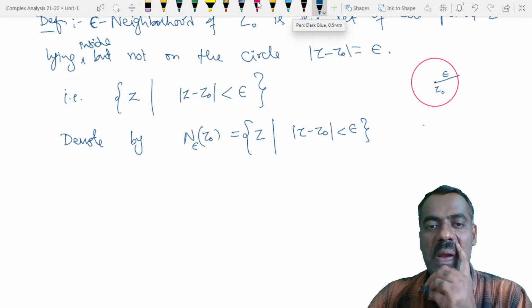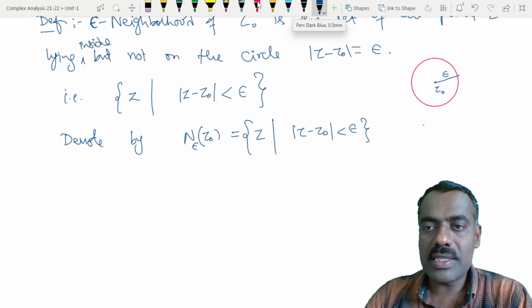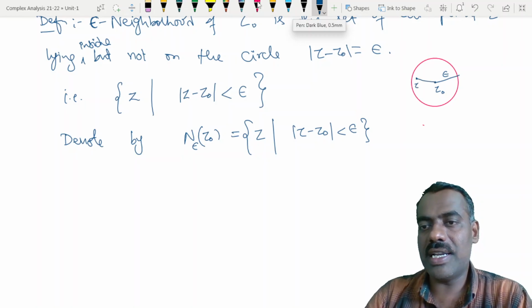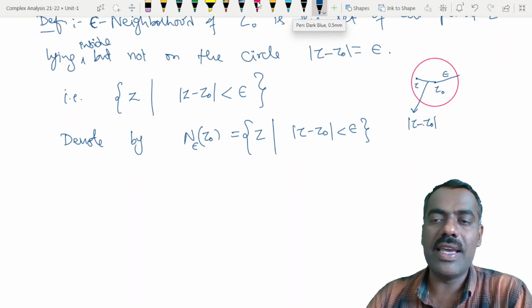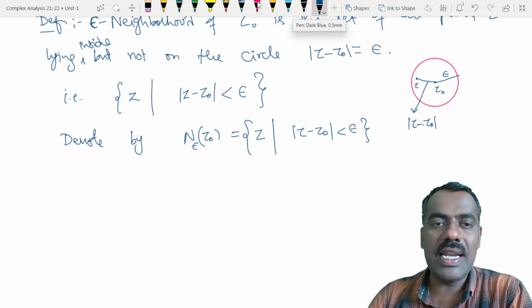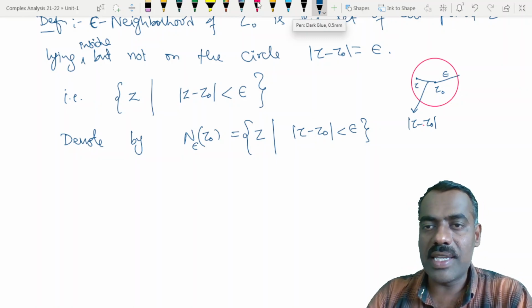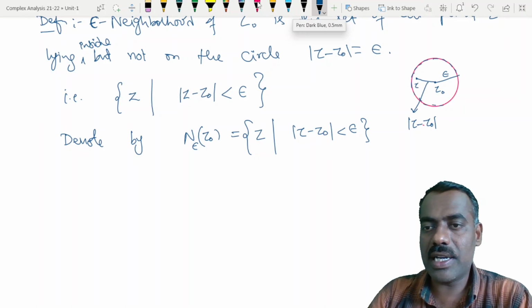If you take any point z, then the distance between this z and z naught is mod z minus z naught, and we can see that this is strictly less than epsilon. So therefore this z lies in this epsilon neighborhood. But points should not be on the circle, so we draw it as a dotted line, meaning those points are not included.